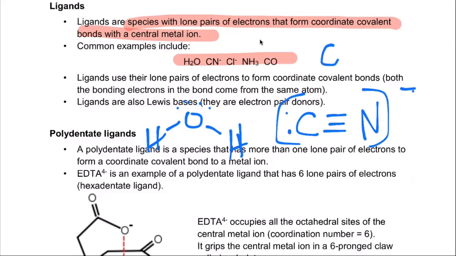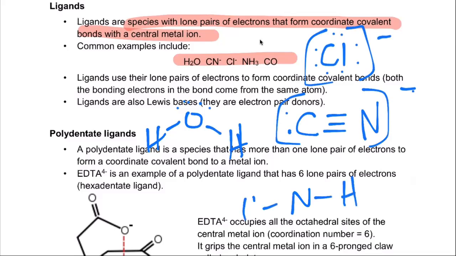Chloride, that's just Cl. It's going to have all 8 dots around it because it's got a -1 charge. NH3 is ammonia. So it would look like this, an N with 3 H's bonded, but then it has a lone pair on the nitrogen in the central atom. And then CO is carbon monoxide. So it's carbon, triple bonded to O.